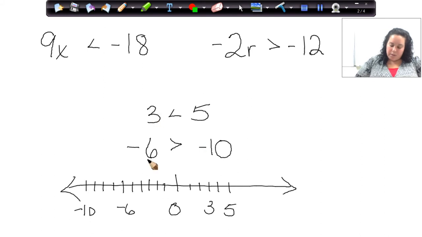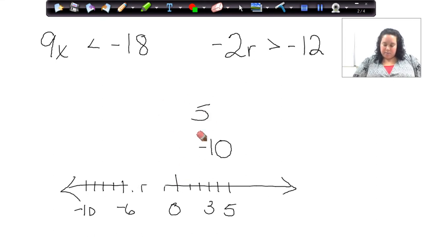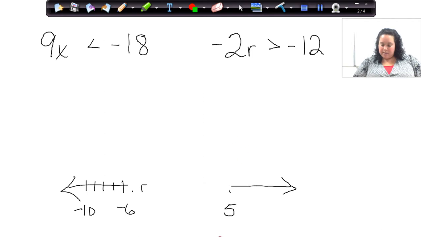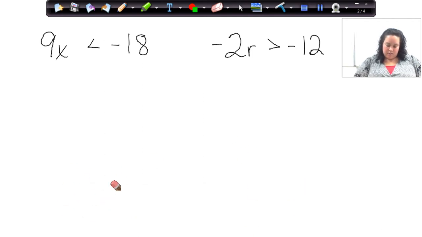So when we multiplied by a negative number, it didn't switch the absolute values, but it did switch the actual values. So instead of having a less than symbol, we had to flip it the other direction. Let me erase this, so let's put that principle into practice. That's the only difference between solving equalities and inequalities.